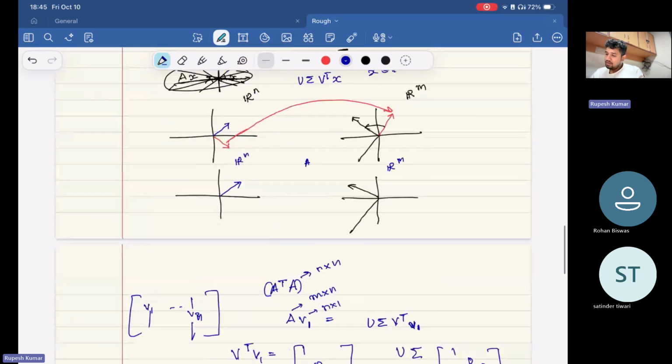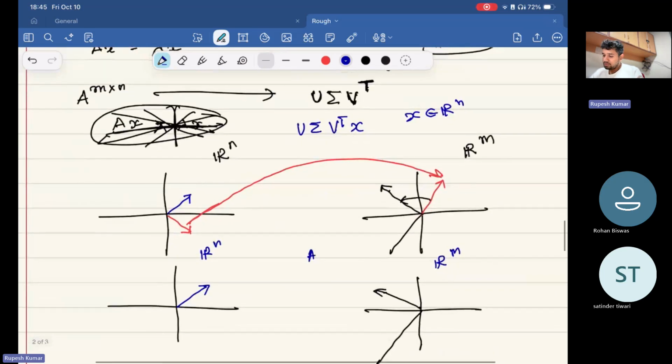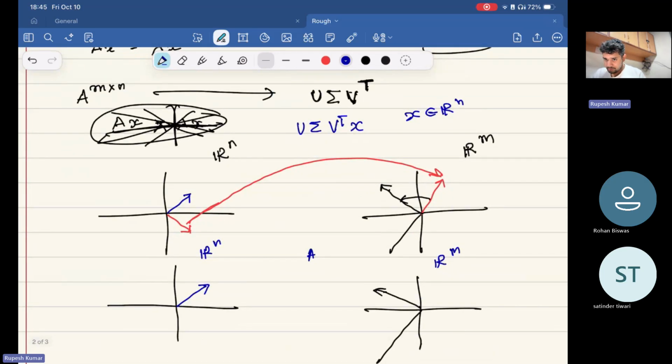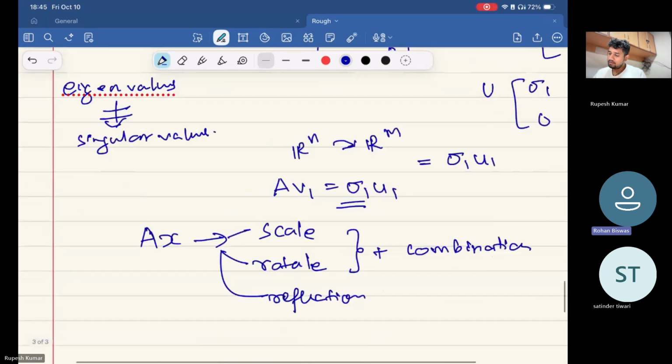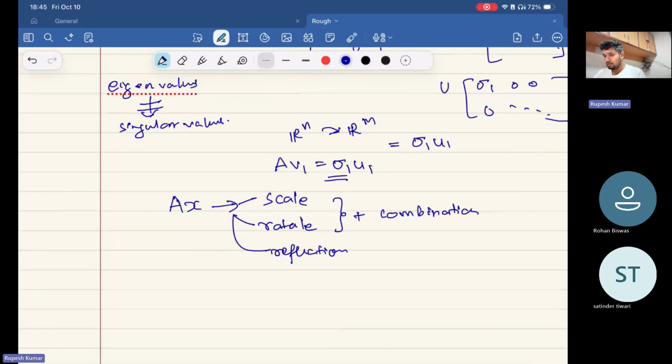What it's doing is first some rotation in its own space, R3. Then it is transforming into R7, then scaling in R7, and then finally doing another rotation in R7. So not only scaling and rotation is happening, a transformation component should also be there for a rectangular matrix.